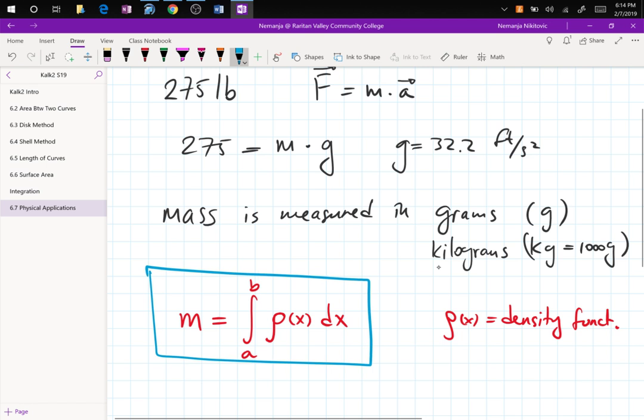So this is our equation, and you can use this equation to calculate the mass of the object.